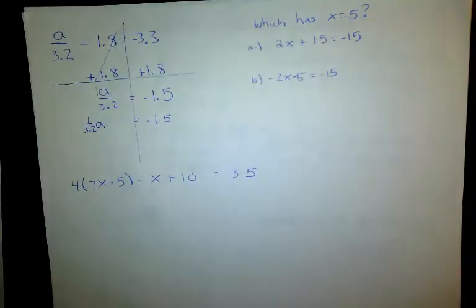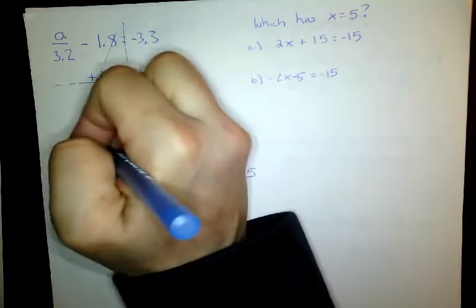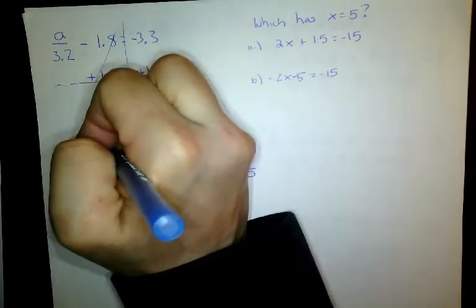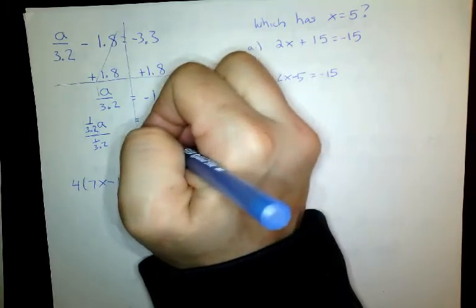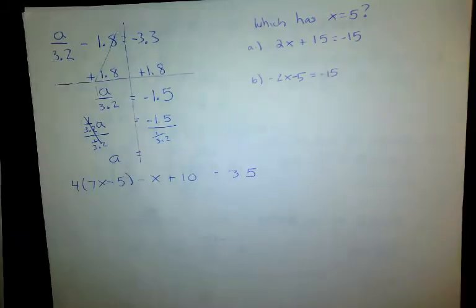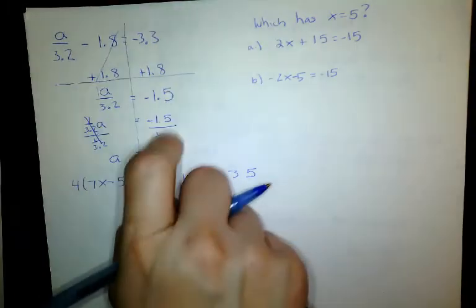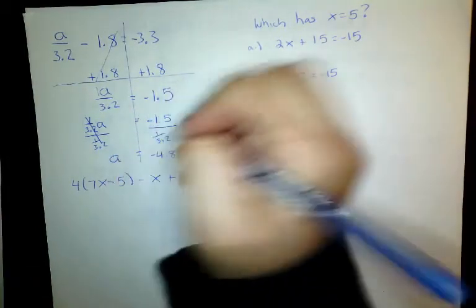And so we're just going to divide by the coefficient, which is 1 over 3.2. Dividing by 1 over 3.2 is the same as multiplying by 3.2. A equals, and you want to make sure that you are able to put this into your calculator and get negative 4.8.